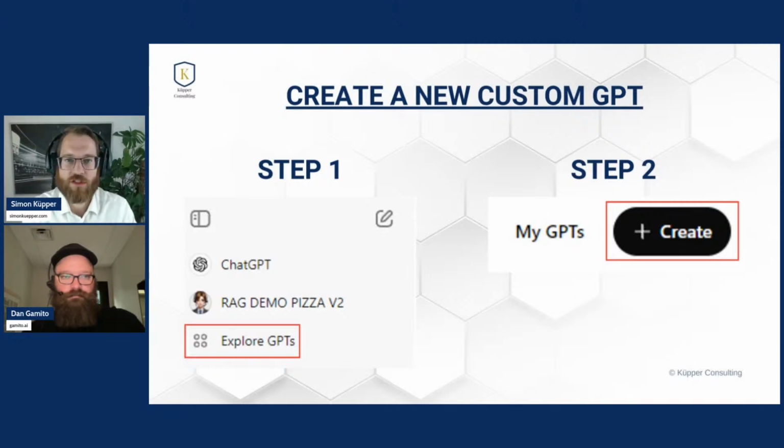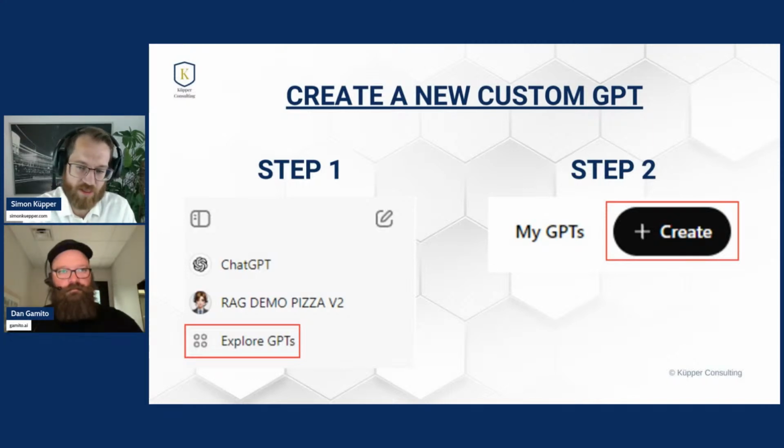All right, so the first step is to go into your ChatGPT account, and we need to create a new custom GPT. As we said earlier, we'll build all of that inside the ChatGPT product. So step number one: when you look at the upper left corner, you have this window where you usually have just ChatGPT, and then a button below that says Explore GPTs.